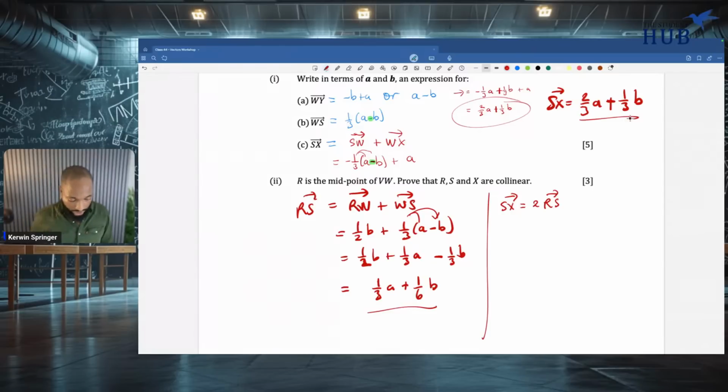Let me help you see it. If I rearrange SX and take out the 2, this is 2 times 1/3 A. If I take 2 out of 1/3, it means dividing 1/3 by 2, and you'll get 1/6 B. So SX is really 2 times this, which is RS.